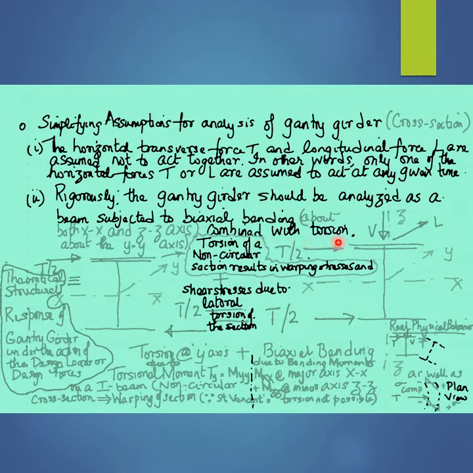And since the cross section of the steel gantry girder or steel crane girder is non-circular, the cross section undergoes warping.